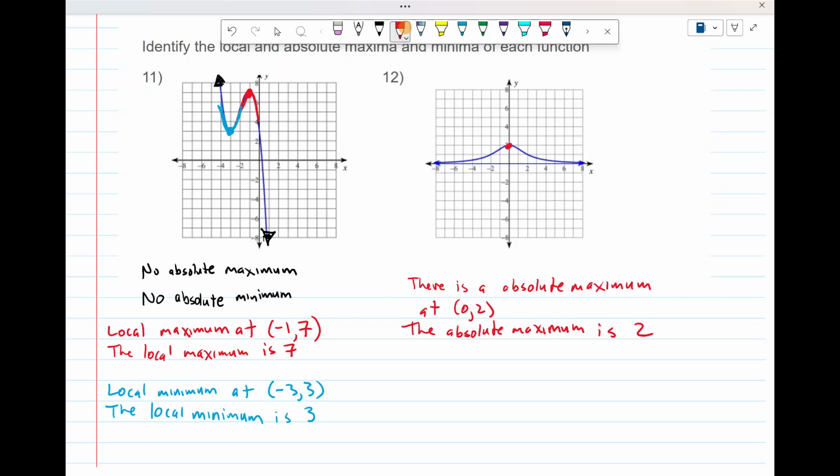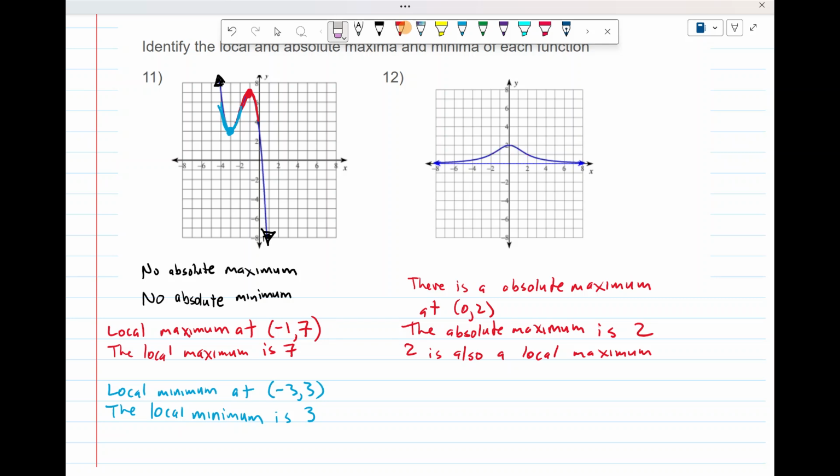One thing I want to point out too is that notice I have my little hill right here. 2 is also a local maximum in this case, okay? So sometimes your absolute maximum could be a local maximum as well.